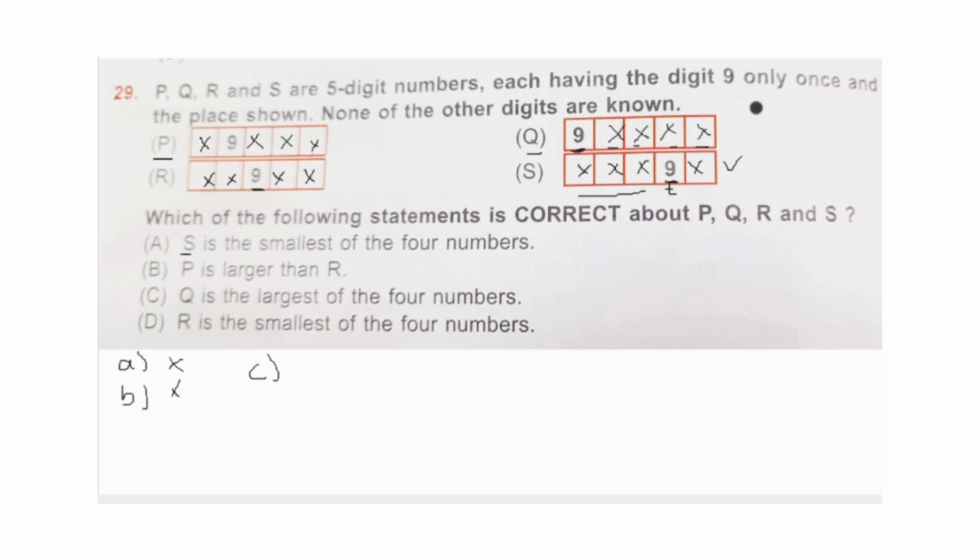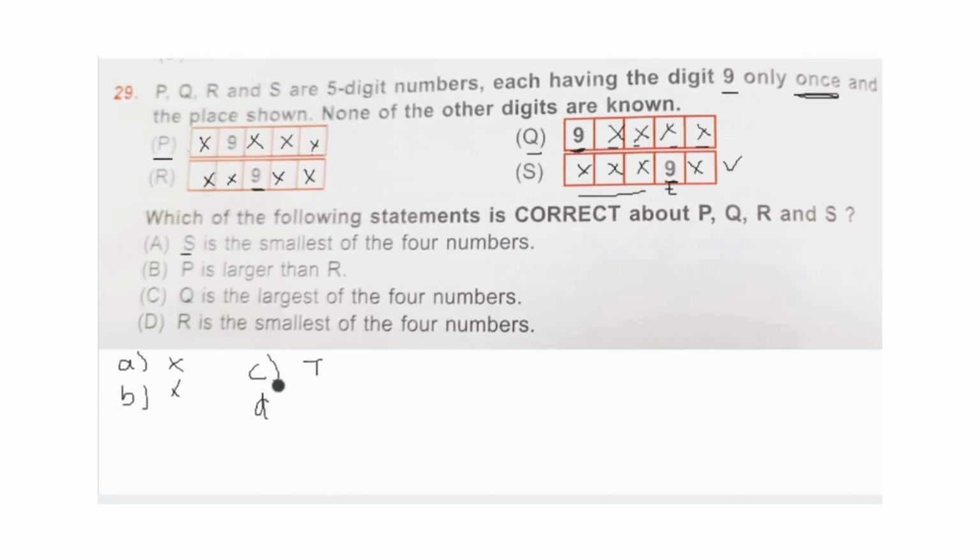And in the question, they have told that 9 cannot be repeated and will be used only once. That means none of the other numbers, that is P, R, and S, will have 9 in the 10,000s position, making Q the largest number of the 4. So option C is a true statement.